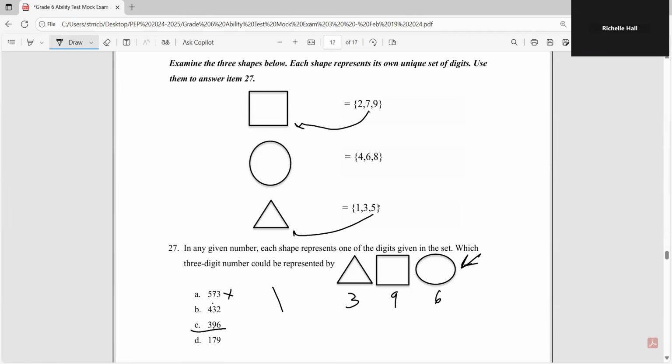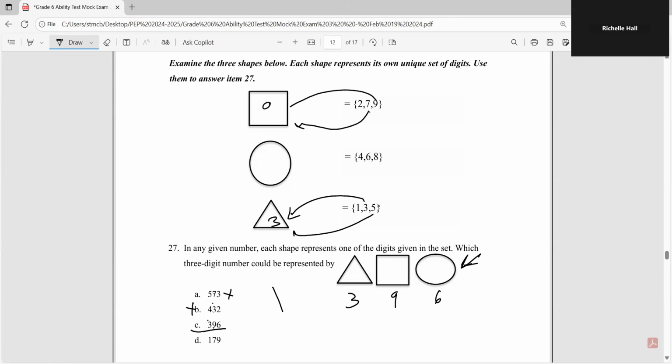Then I go down to B. The triangle does not have 4. The square does not have 3. And the circle does not have 2, so it cannot be B. Then I go down to C. I look at the triangle. The triangle has 3. Then I look at the square. The square has 9. Then I look at the circle.